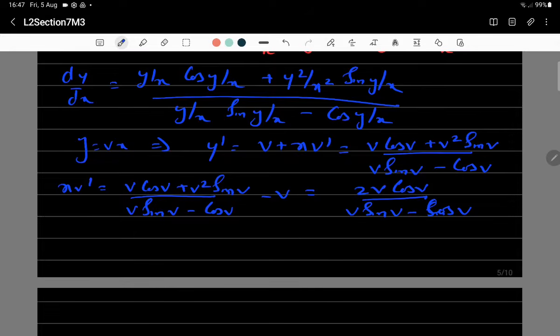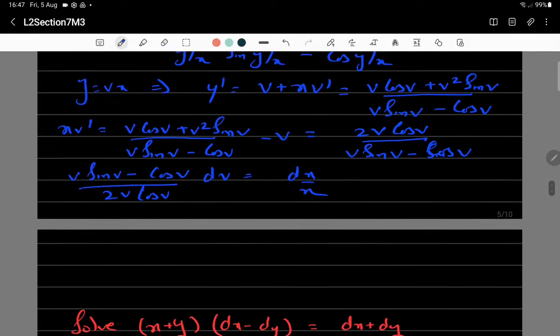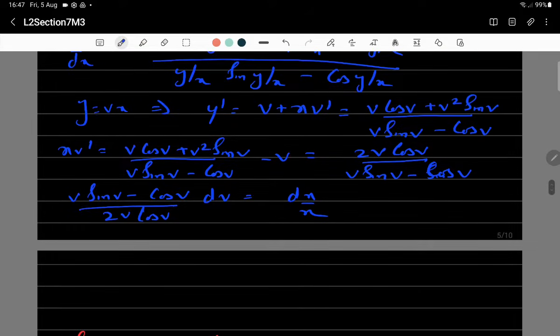Now because of the variable separable form, this becomes (v sin v minus cos v) by (2v cos v) dv is equal to dx by x. So now the first term becomes 1 by 2 tan v, the other term becomes minus 1 by 2v.